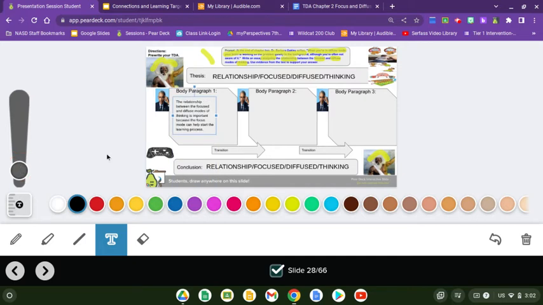The relationship between the focus and diffuse modes of thinking is important because the focus mode can help start the learning process. All right, please take a moment to write that full topic sentence in the paragraph that I have here. Take the time to do that now.